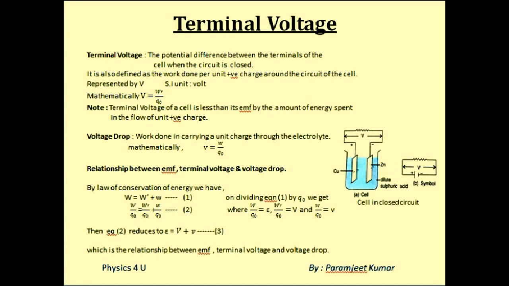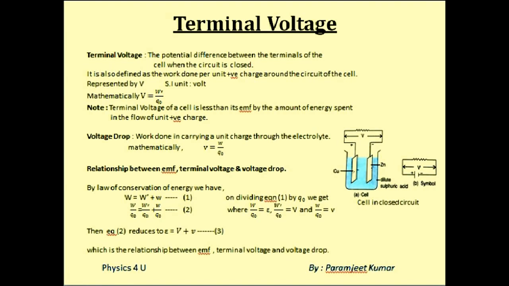Now we need to establish the relationship between EMF, terminal voltage and voltage drop. By the law of conservation of energy, we know that energy can neither be created nor be destroyed, but it can be transformed. So here, W equals W dash plus W, let it be equation 1. On dividing this equation by Q naught, we get W by Q naught equals W dash by Q naught plus W by Q naught.